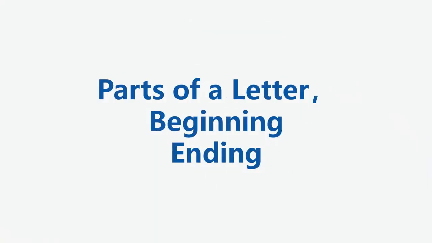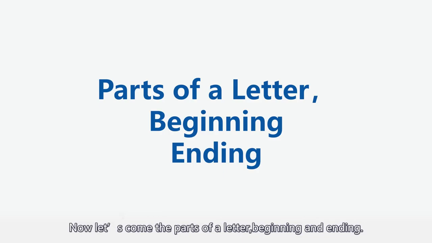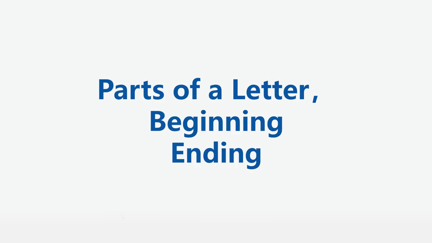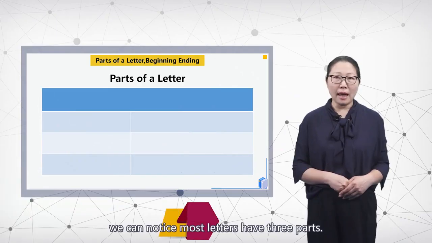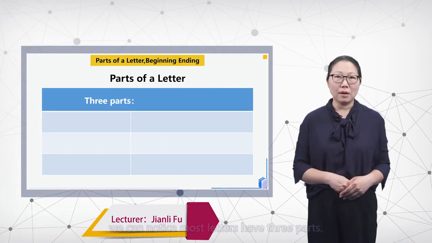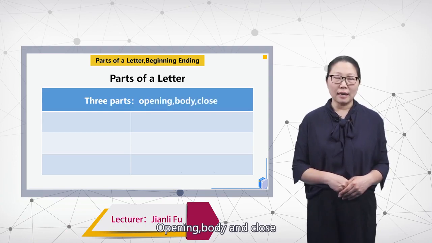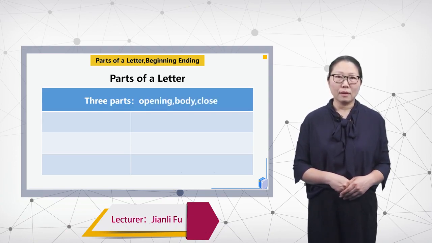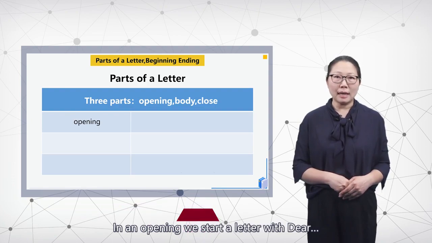I see. Now let's come to the parts of a letter, beginning and ending. We can notice most letters have three parts: opening, body, and close. In an opening, we start a letter with Dear.